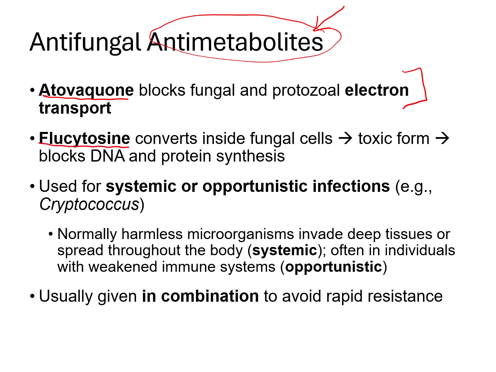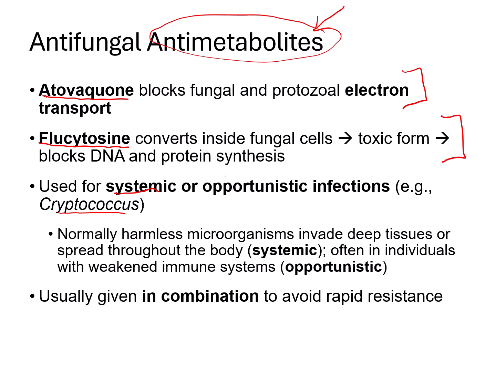Flucytosine enters fungal cells and then it's converted inside the fungal cell to a toxic form that interferes with DNA and protein synthesis. These drugs are often used in combination to fight systemic infections, such as those caused by Cryptococcus neoformans in immunocompromised patients.